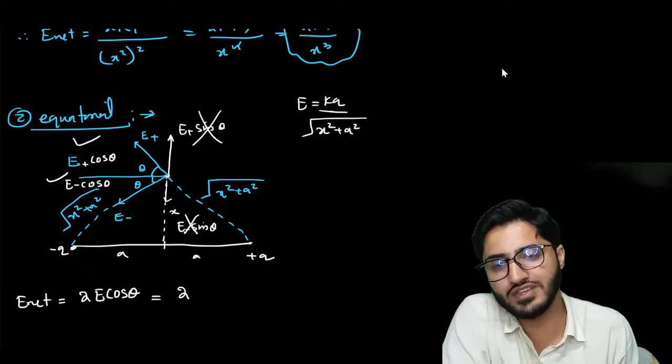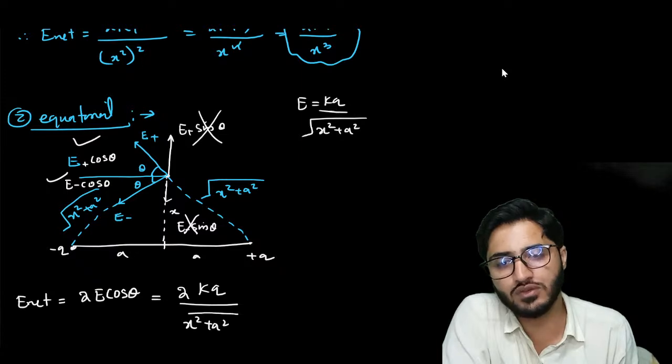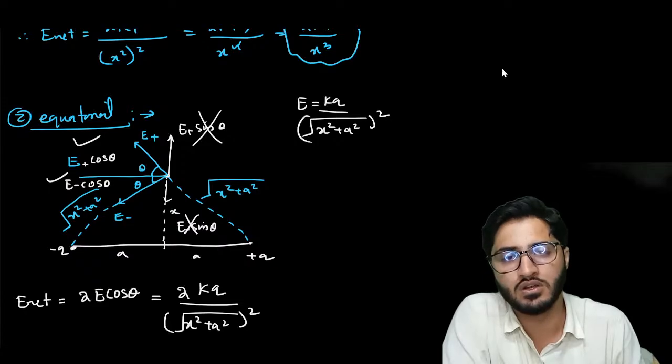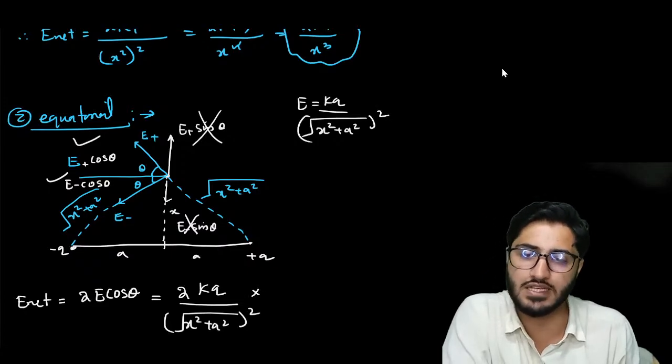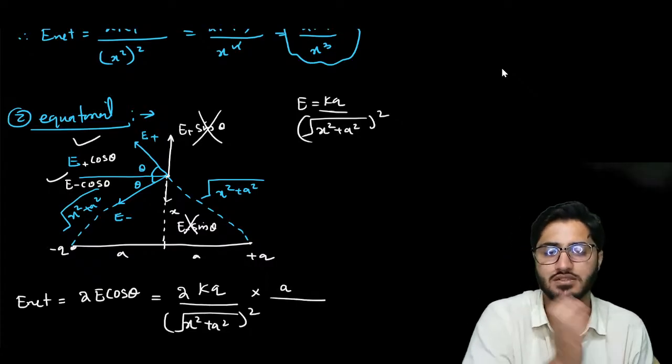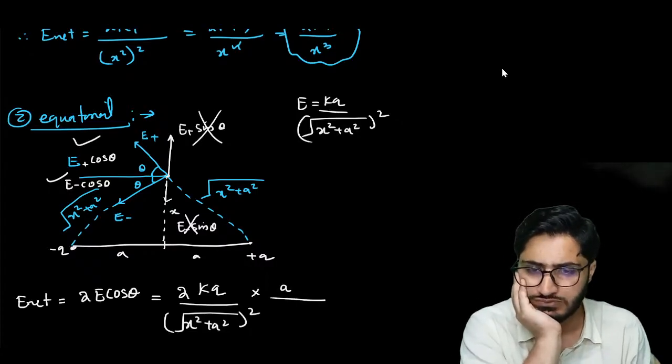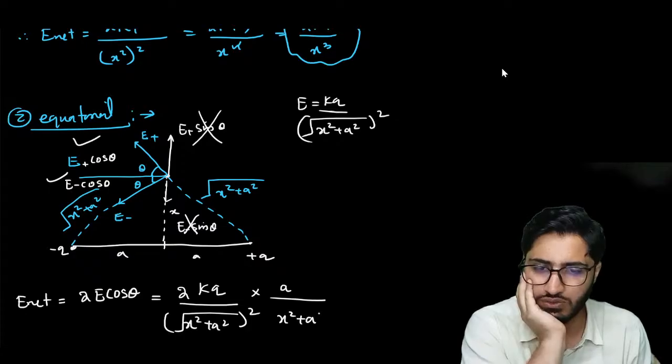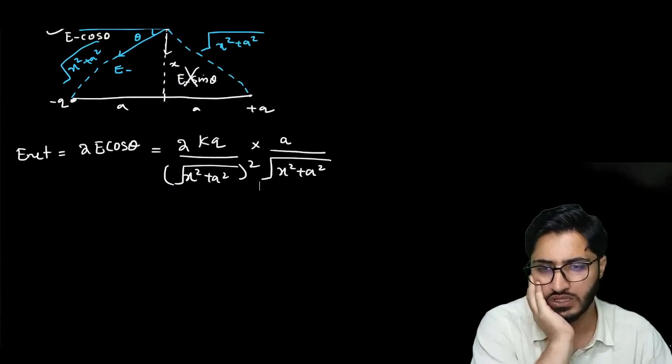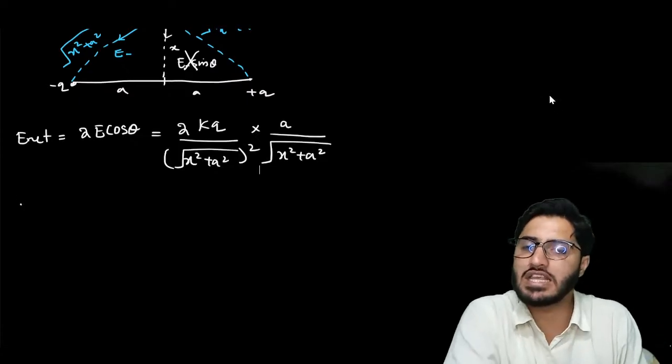What is E? E is KQ by R squared, where R is the square root of X square plus A square, so R square is X square plus A square. Cos theta is base by hypotenuse. What is the base? It is A by H, no? H is the square root of X square plus A square.